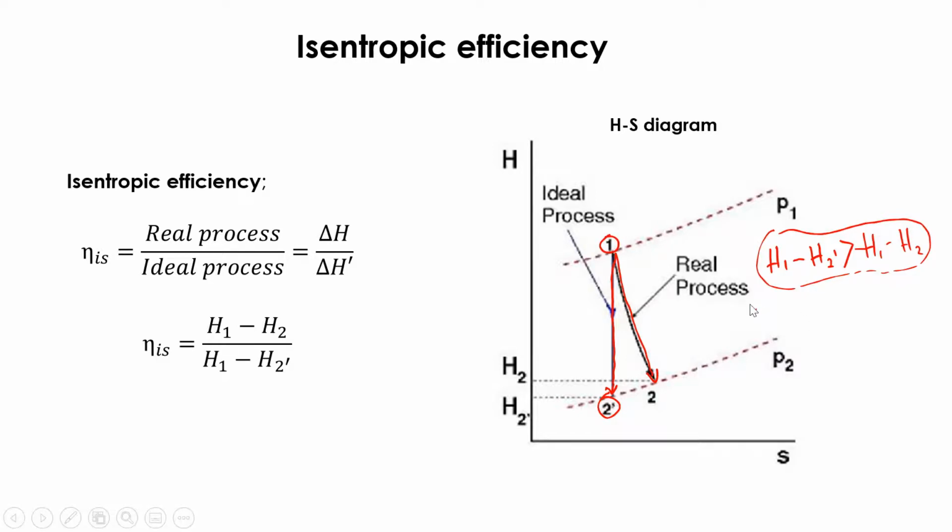The isentropic efficiency of a turbine is equal to the real process, which is the enthalpy at point 1 minus the enthalpy at point 2 representing the real process, divided by the enthalpy at point 1 minus the enthalpy at point 2 prime, the ideal, in which this point 2 prime is the isentropic change.